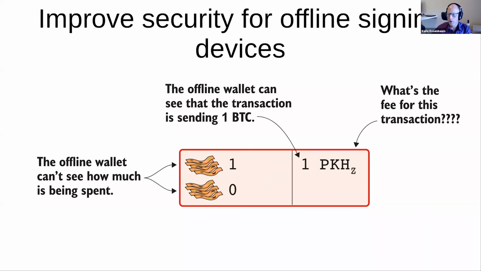Suppose this transaction actually pays 0.99 in fees, but it lies to the air-gapped laptop to make it think that it only spends 0.1 Bitcoin. So that's a big problem. If you then sign this transaction on the air-gapped laptop, and then you publish the signed transaction, you will lose your money to transaction fees.